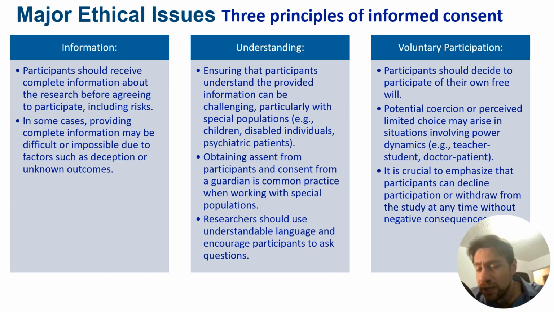So when working with kids or special populations. And it's really important that researchers use normal, everyday, understandable language when asking questions and providing information to potential participants. And also, people should be encouraged to ask questions. Any questions they may have, they should feel free to raise.